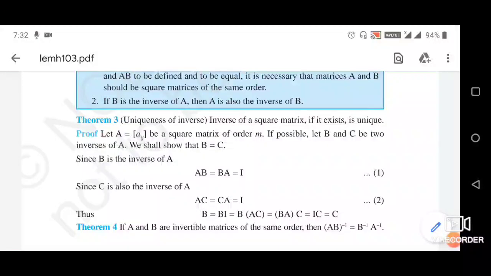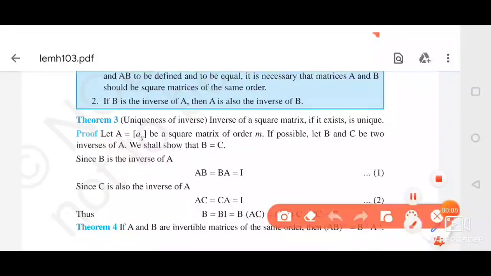So come to theorem 3, and theorem 3 is given: uniqueness of inverse. That means if the inverse of a matrix exists, then the inverse will be unique. Inverse of a square matrix, if it exists, is unique.